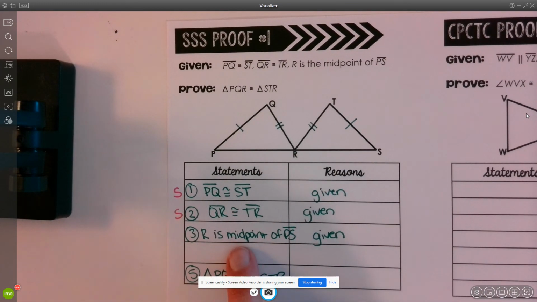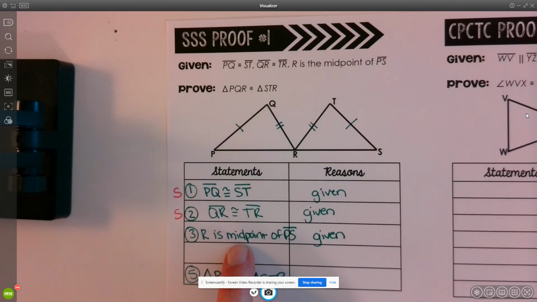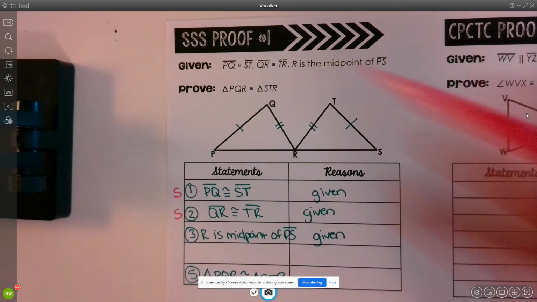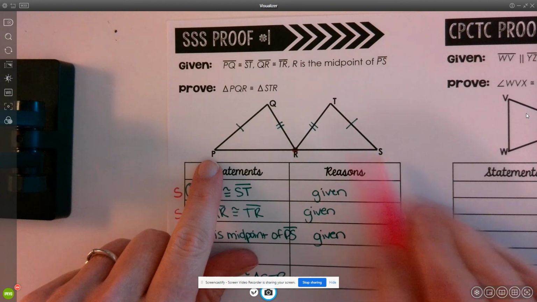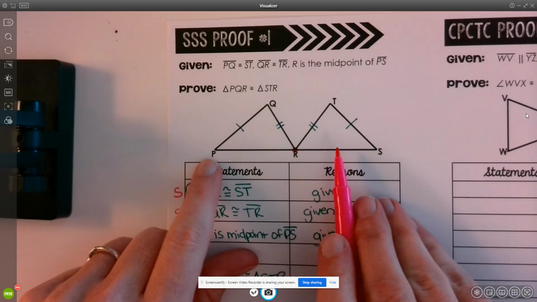So let's go back to this given statement that we haven't really used yet. R is the midpoint of line segment PS. Remember, midpoints cut a line segment into two congruent segments.